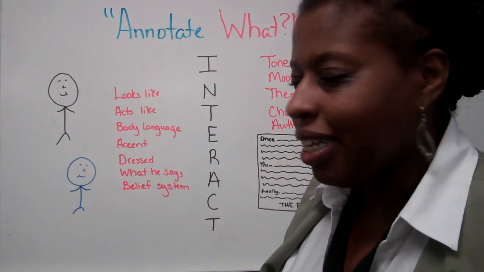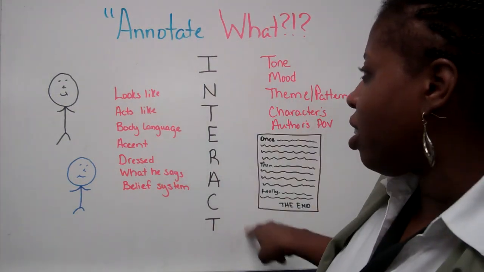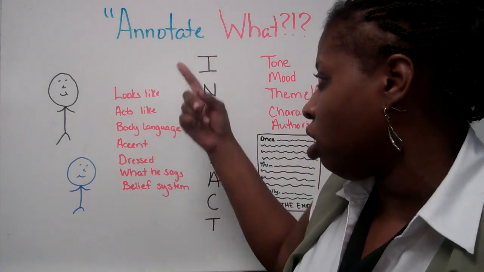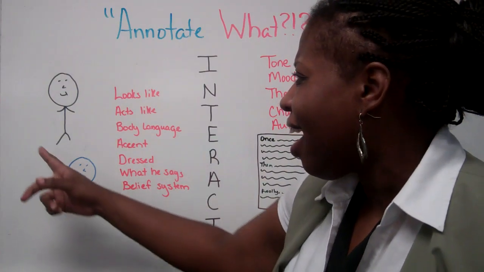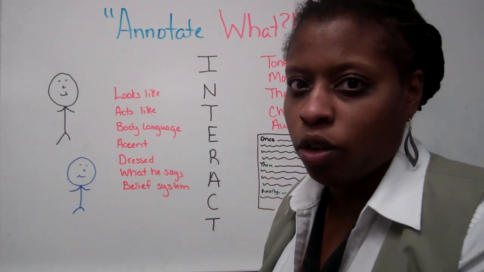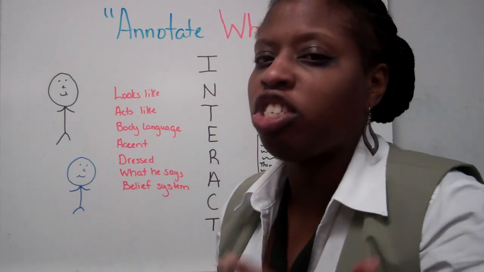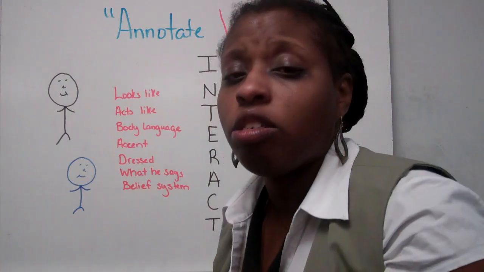So, basically, annotating a text is all about how you interact with the text. So think about interaction when you are interacting with a person. You're looking at what the person looks like, how they act, their body language, what kind of accent they have, how they're dressed, what he or she says, maybe what they even believe in, how they react to you.